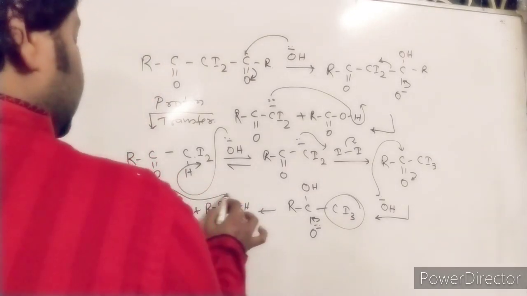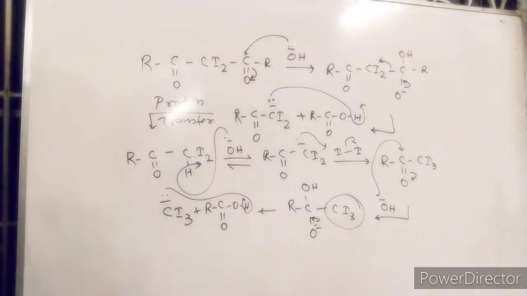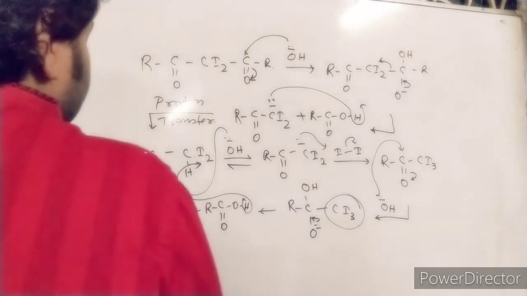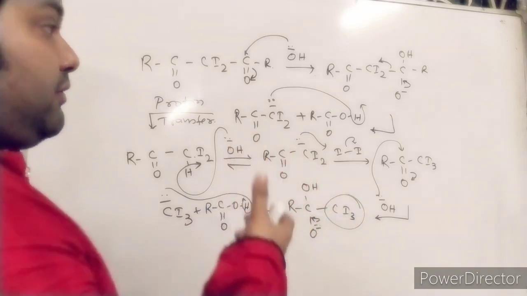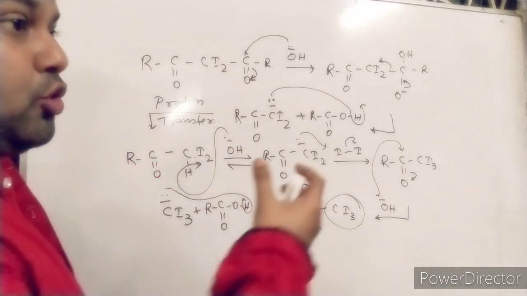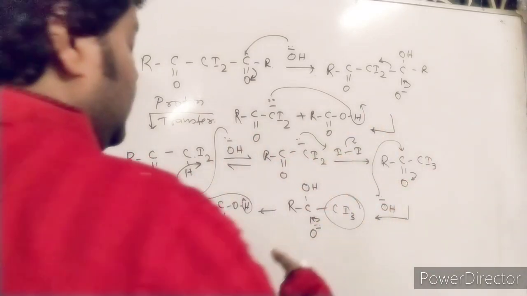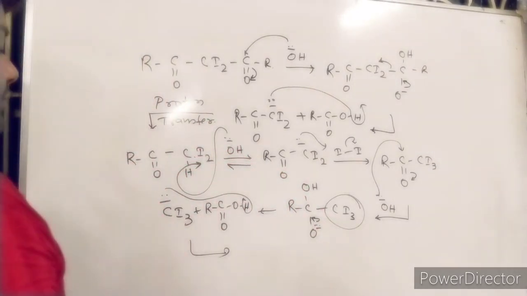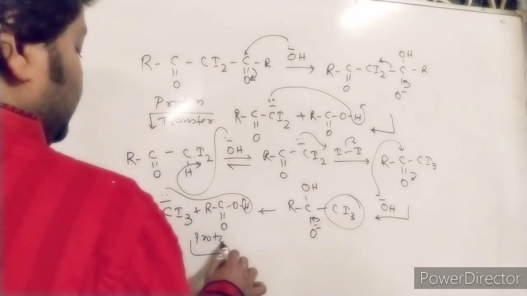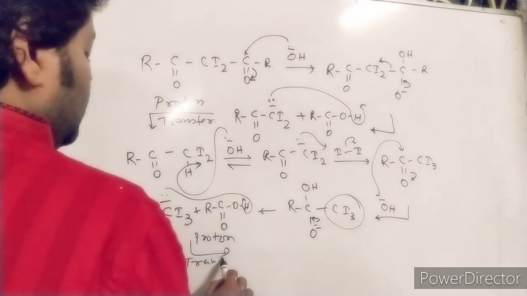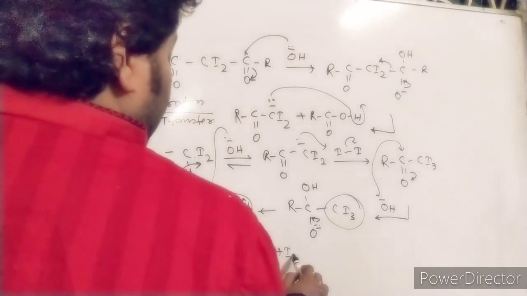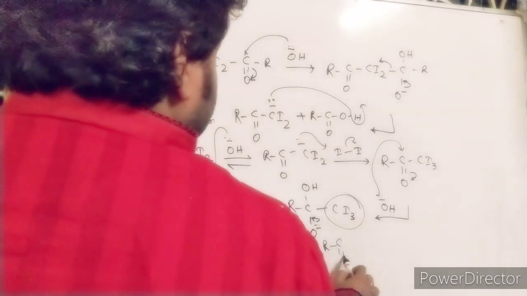This minus charge again will take this H plus, understandable. This is again a mild base. For example, if there were chlorine, it would be even less basic, because chlorine has much more minus I effect than iodine. So a proton transfer is taking place here. We are writing it as a proton transfer, and that will give you CHI3 plus RCOO minus.